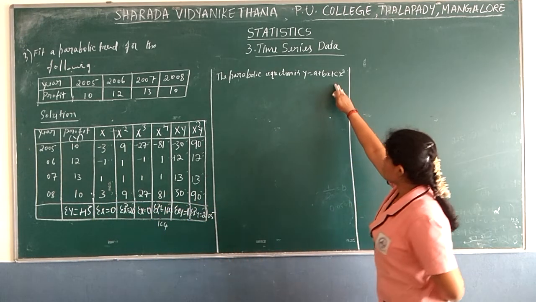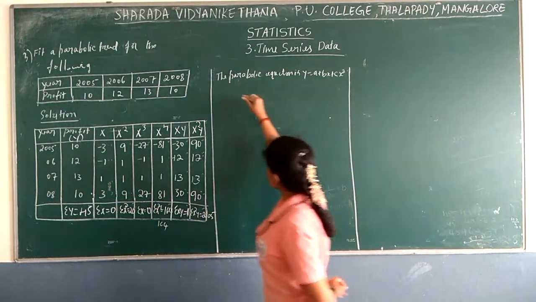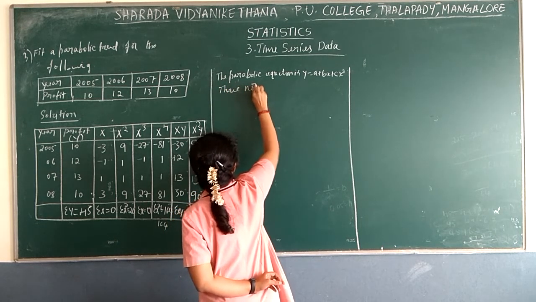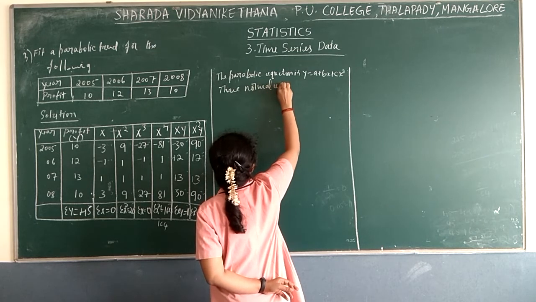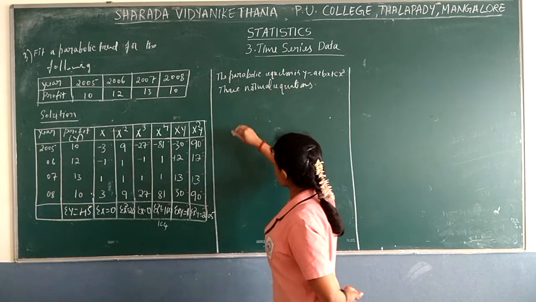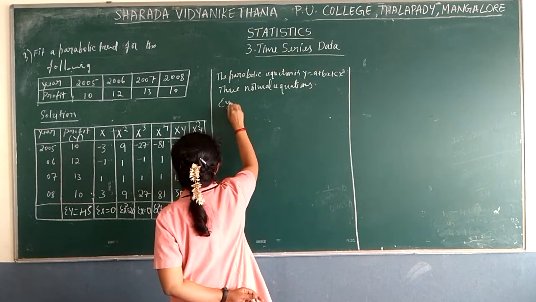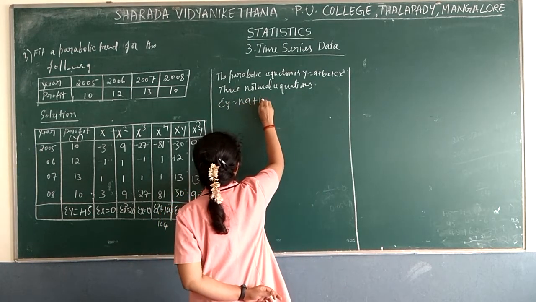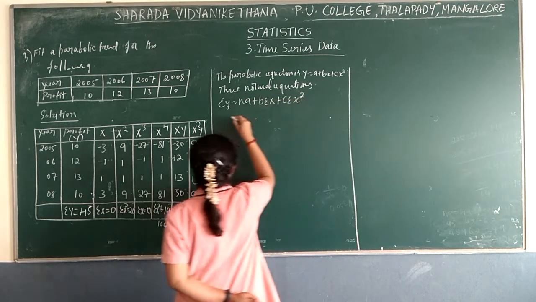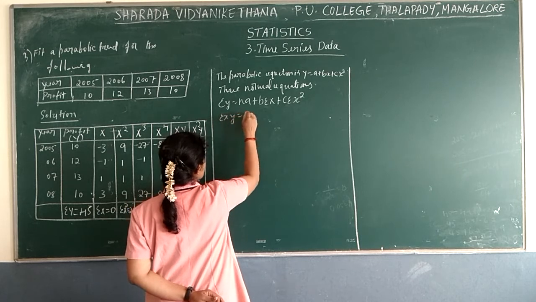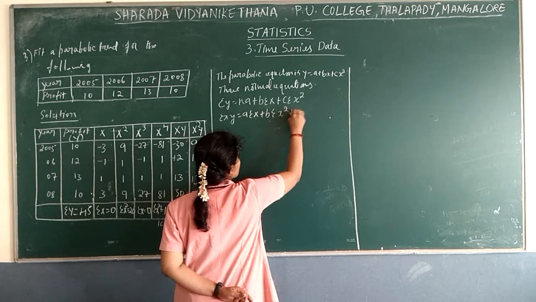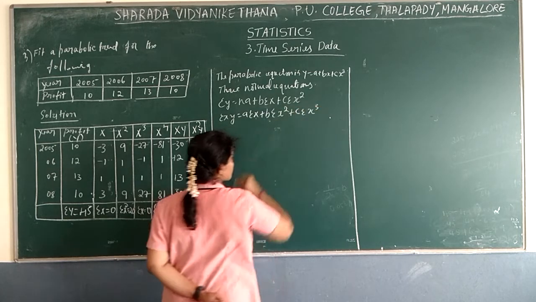Now I have written the equation here. Then take the three normal equations. Sigma y is equal to NA plus B sigma x plus C sigma x square. Then sigma xy is equal to A sigma x plus B sigma x square plus C sigma x to the power 3.